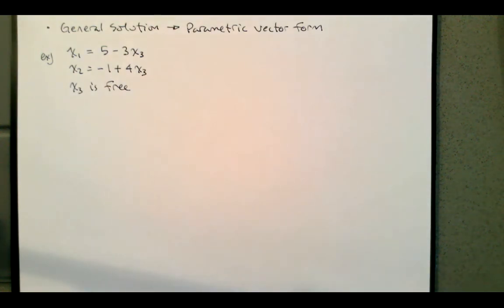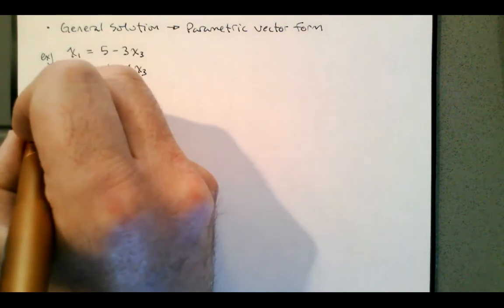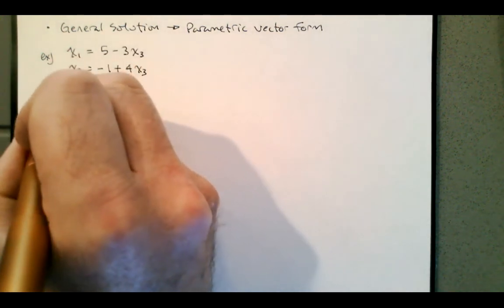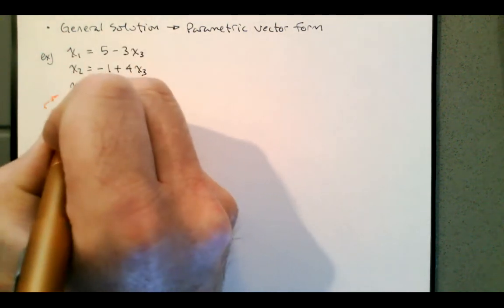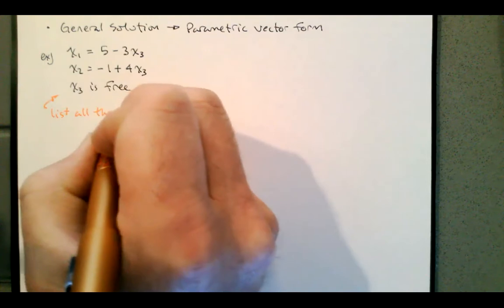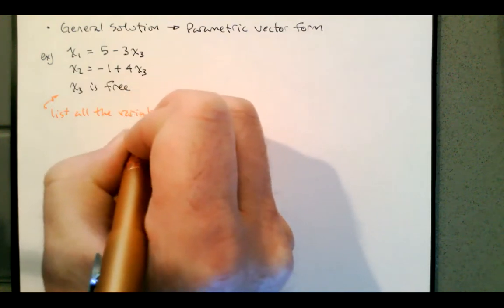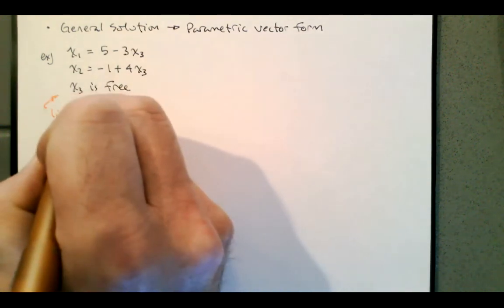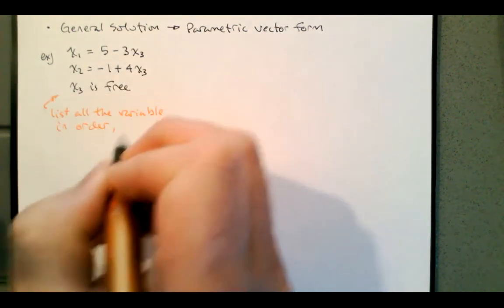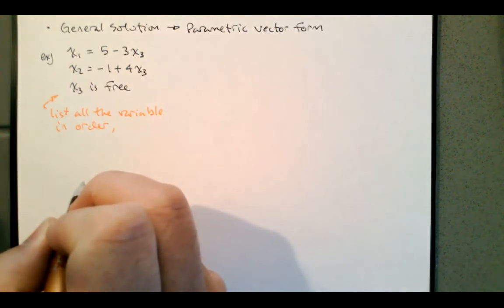So when we're talking about general solution, list all the variables in order and make sure to label your free variables.